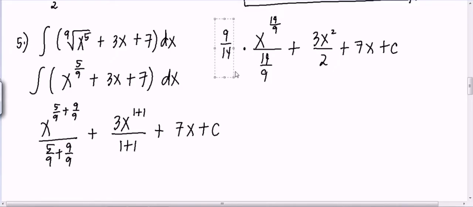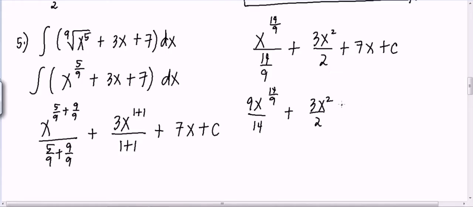So, ganun na lang gawin nyo. Okay? So, magiging 9 x raised to 14 over 9 over 14. Ayun, may iwan yung 14 doon. Plus, so itong 3x squared over 2, nakasimplify na. And then the plus 7x plus c. Okay?